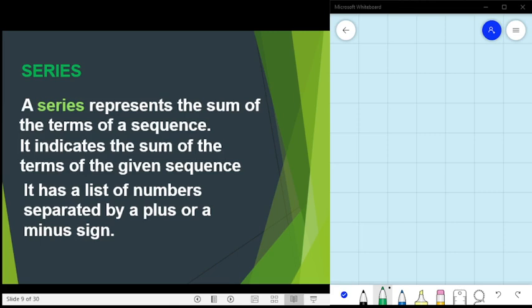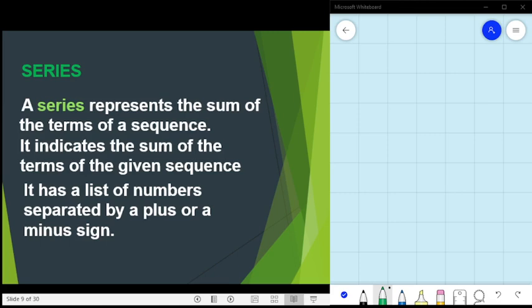So when we say series, it is not the series of Christmas lights. The series is the sum of the sequence. When we say sequence, it is a succession of numbers separated by commas.